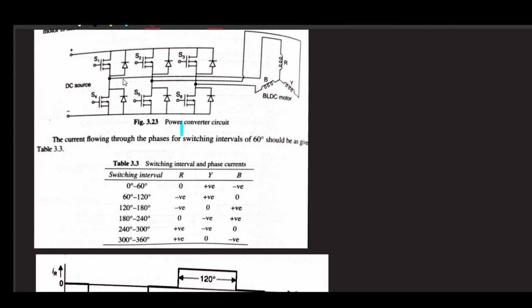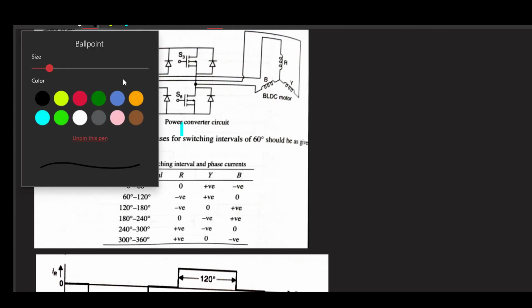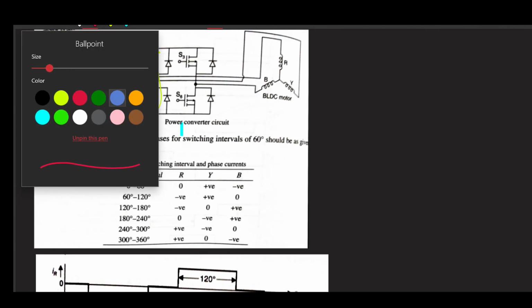So S1, S4 are with R. So this is your R, right? This arm is for Y, and this is for your blue.